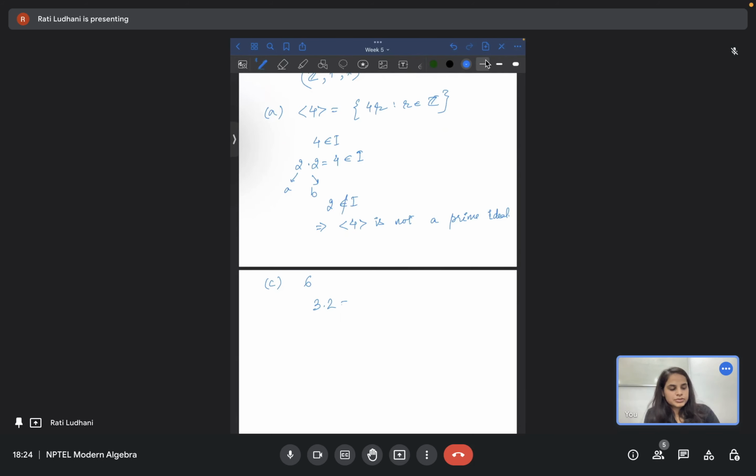Yeah, sorry. 3 into 2 is equal to 6, which belongs to I. But 3 does not belong to I and 2 does not belong to I. That is clear because this is your set of multiples of 6. So 3 into 2, which is 6, belongs to I, but 3 does not belong to I and 2 does not belong to I. So this is a problem. This is also not a prime ideal.